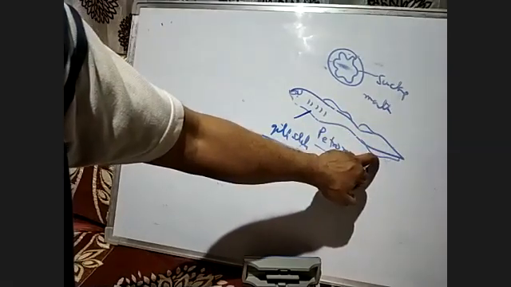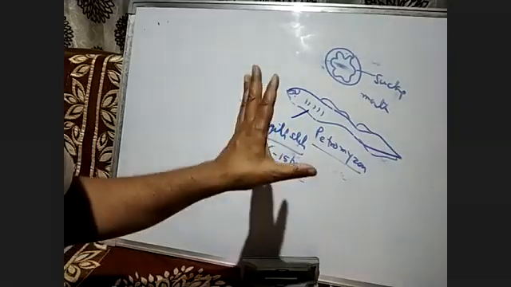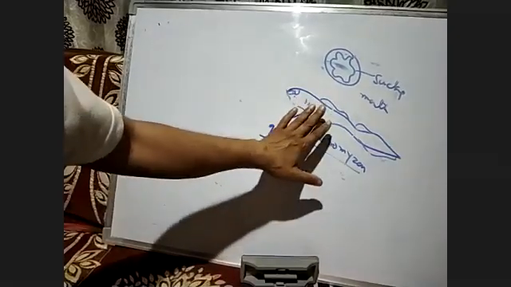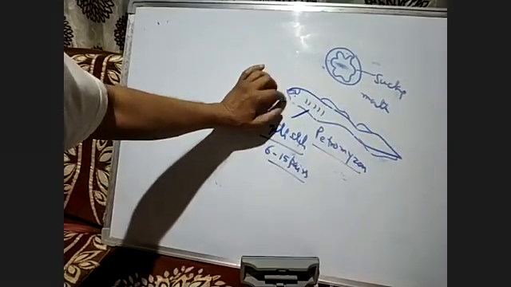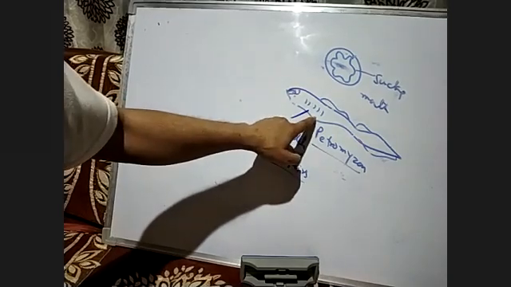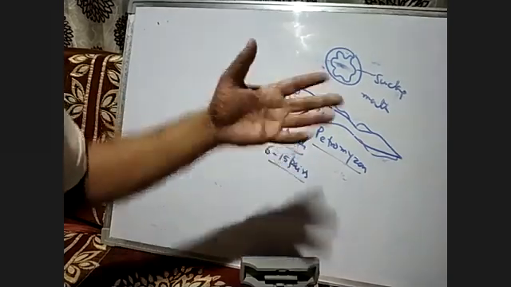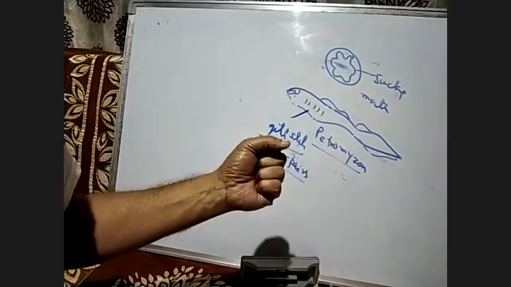They have single fins. So they don't have scales and they don't have paired fins. The mouth is circular and sucking type. They have 6 to 15 pairs of gill slits for respiration. These are the main characters of the cyclostomata.